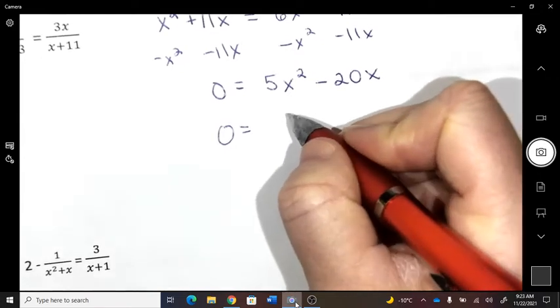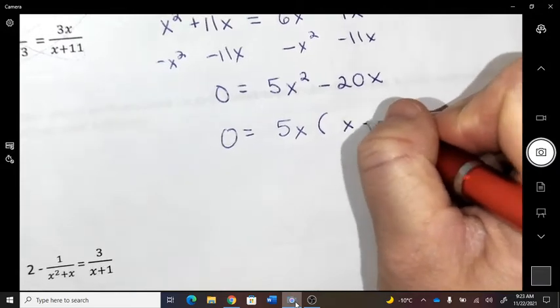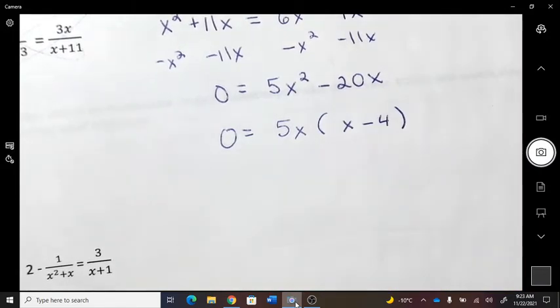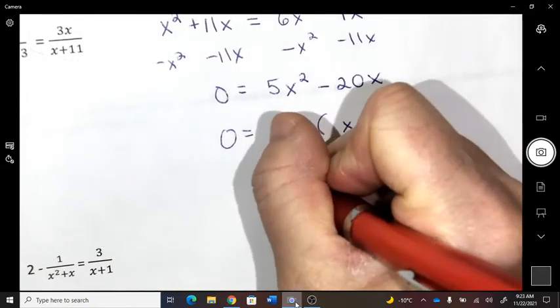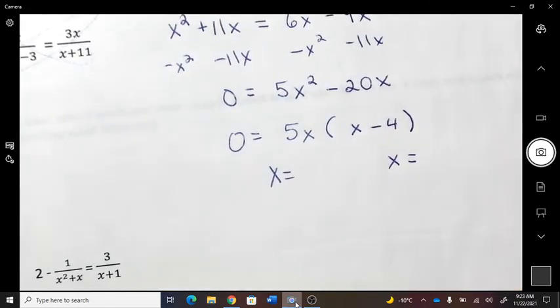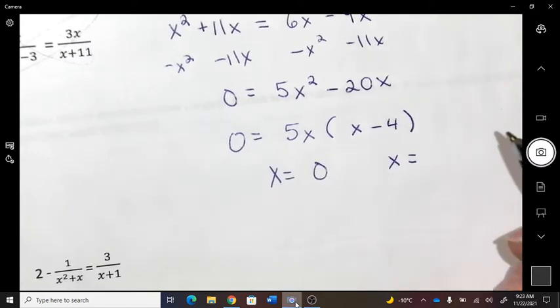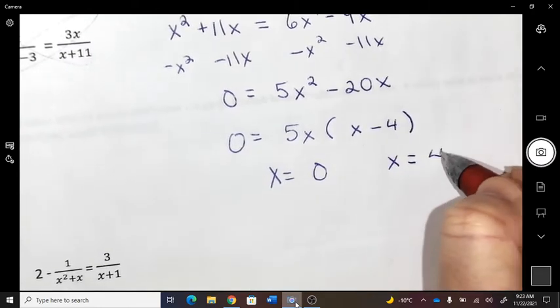So I'm going to bring 5x out, leaving me with x minus 4. So the solution is x could equal what? X could equal what? Did you pick 0? And 4?